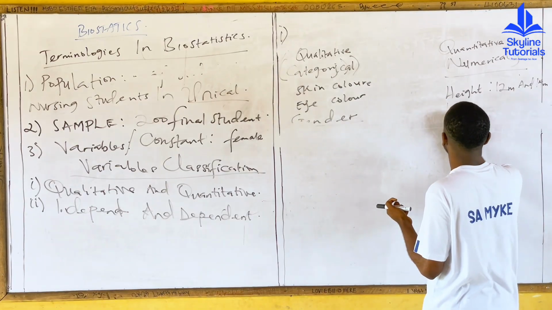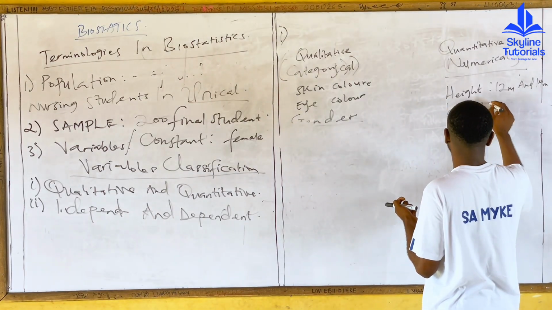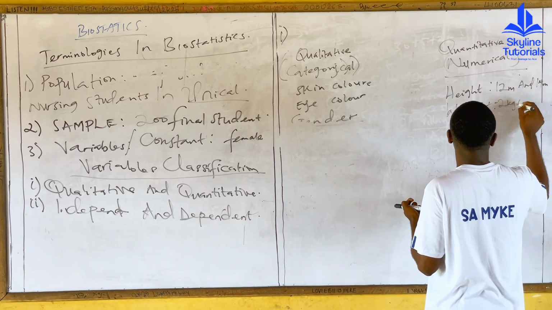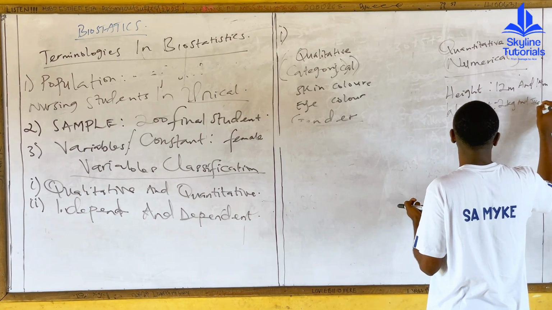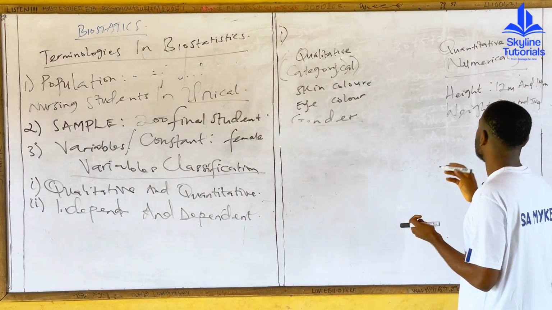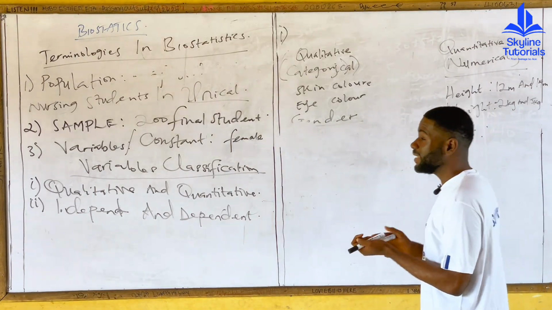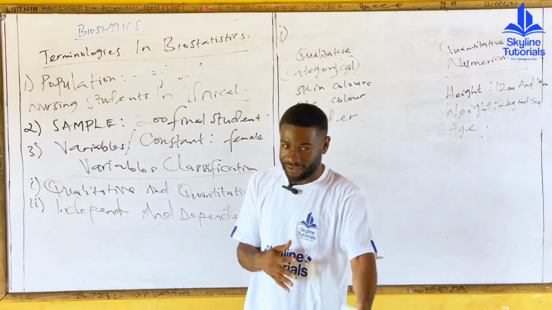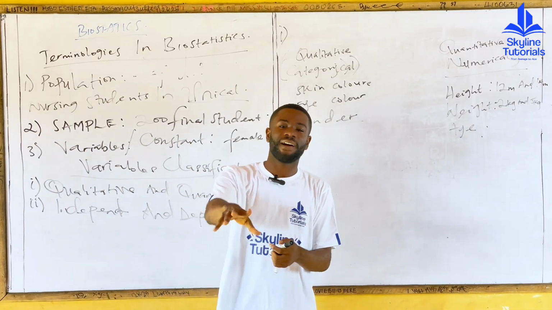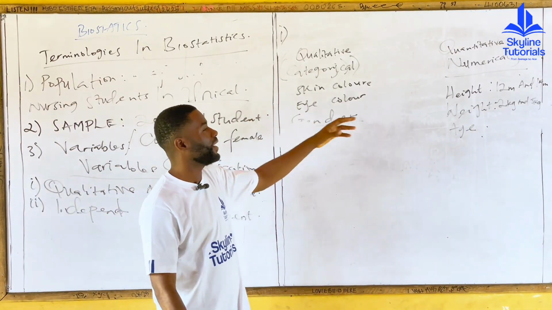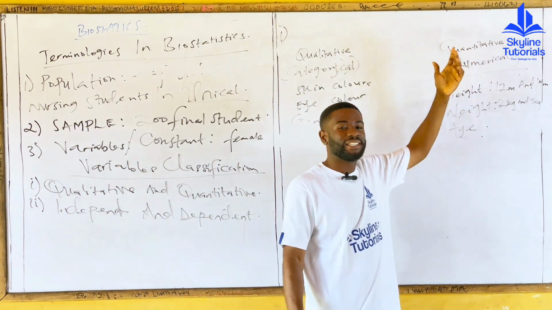We have weight, 2 kg and 5 kg. You're seeing that they are different. We have age, 15 years old. Any feature that varies but has a numerical value is termed a quantitative variable.